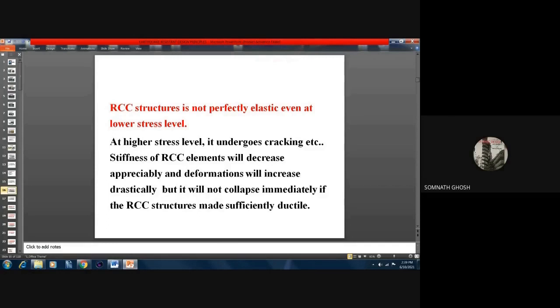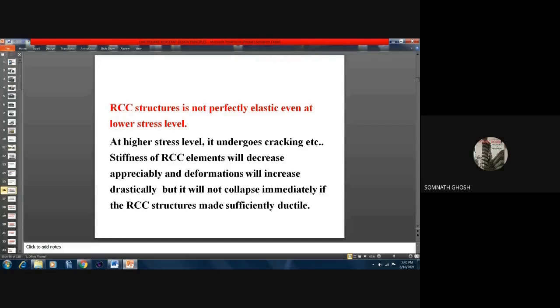In most situations, we consider the strain diagram linear, and we make an assumption that plane section before bending remains plane after bending, which leads to a linear strain diagram, which is also not correct in case of concrete.